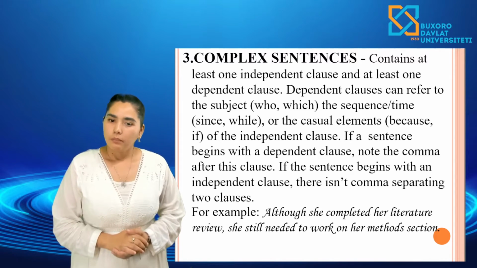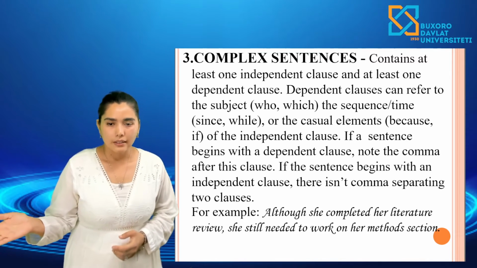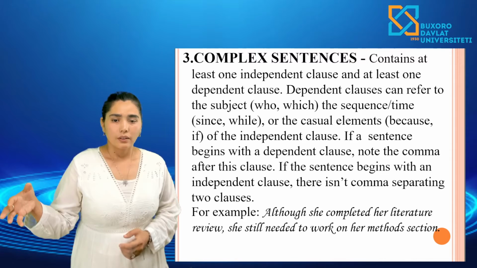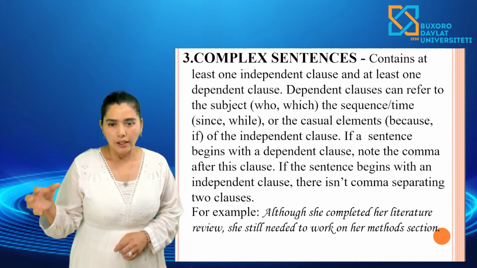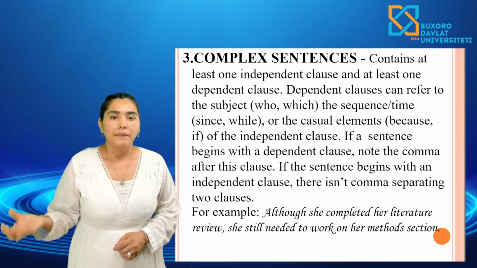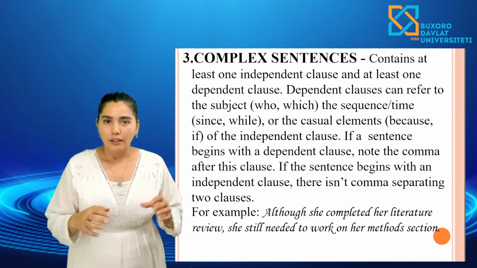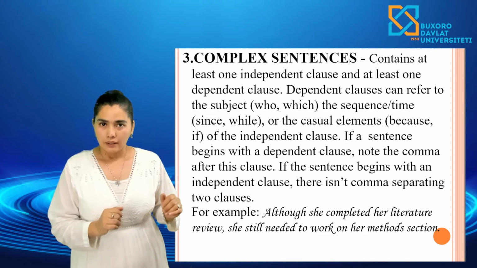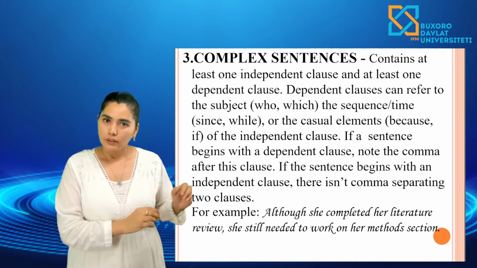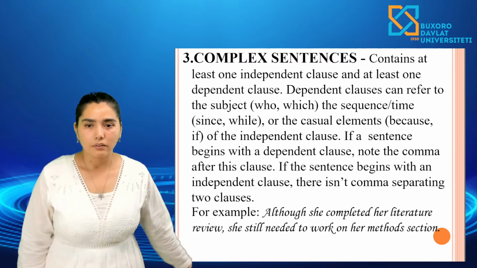Like: although she completed her literature review, she still needed to work on her methods section. Although is a linking word here, and if you see these words, it means it's a dependent clause, because the fragment at the end will not be full in meaning. If the sentence is not full in meaning, it's a dependent clause. If it's full, it's an independent clause.